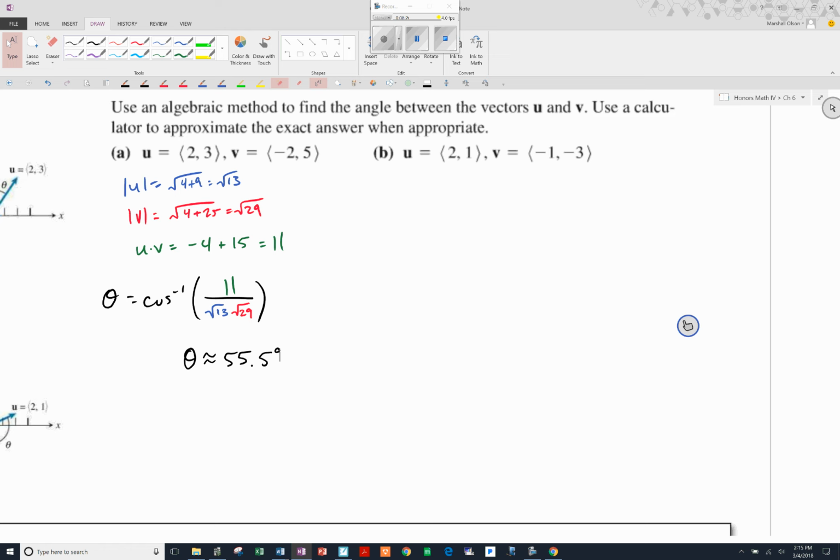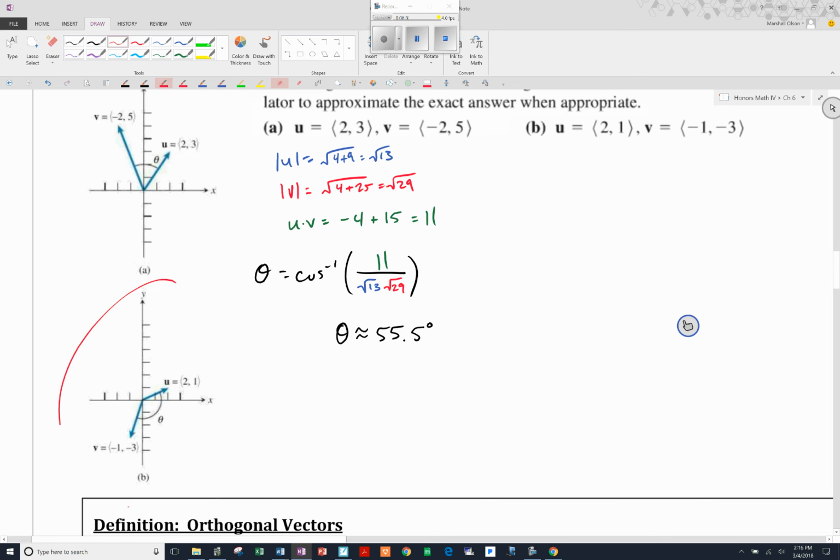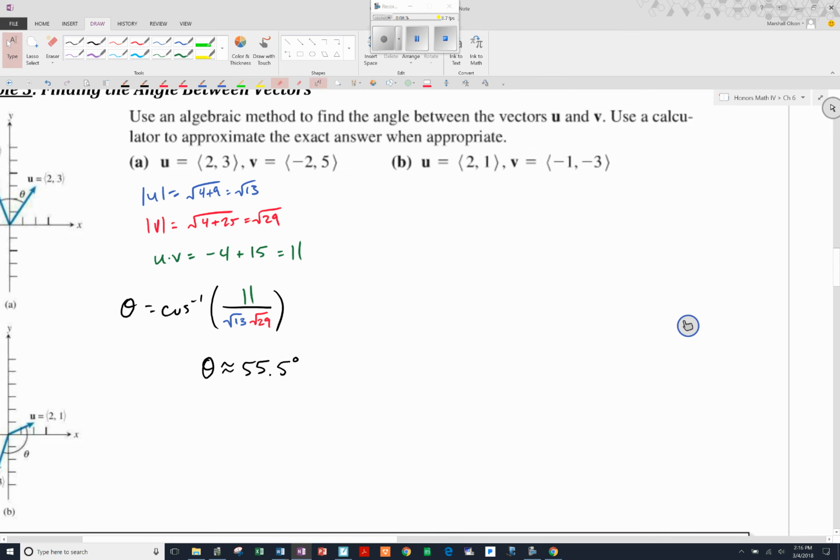All right, our next one, and here's a picture of our next problem. We have a magnitude for u of the square root of 5, 4 plus 1, and a magnitude of v, the square root of 10, 1 plus 9.